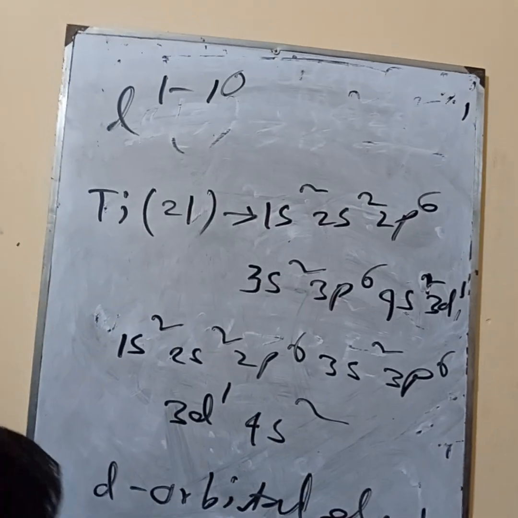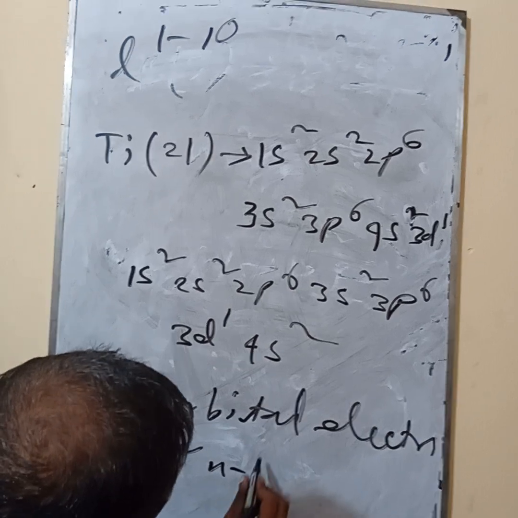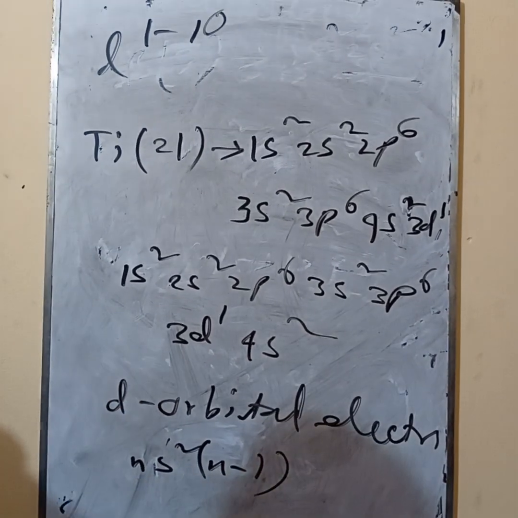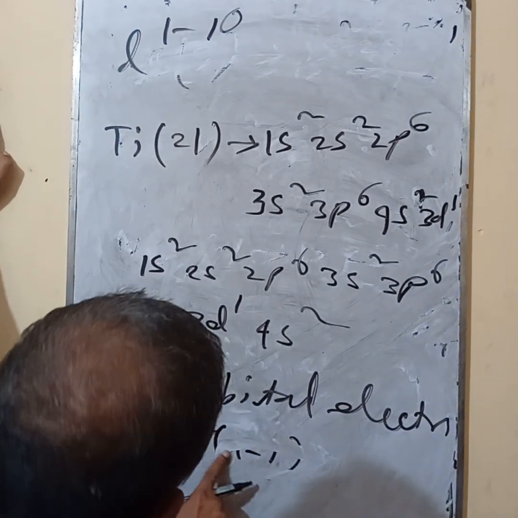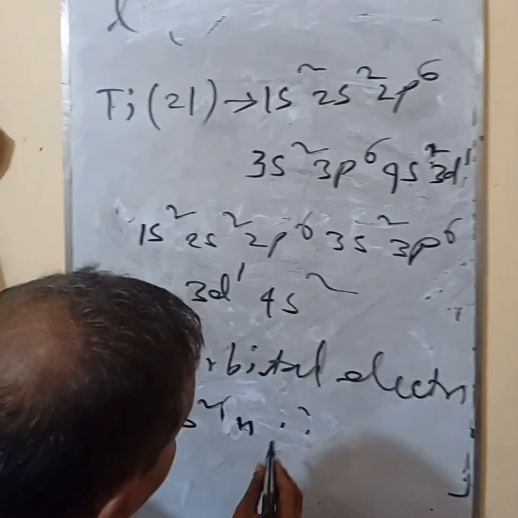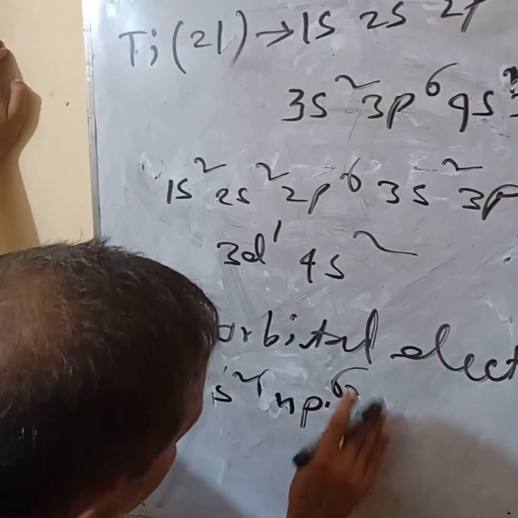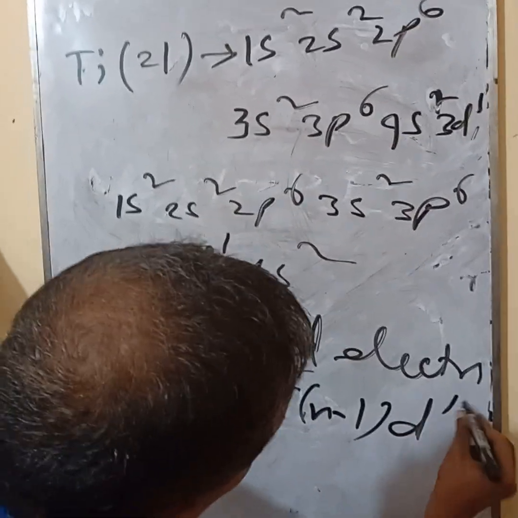ns2 (n-1)... ns2, ns2 np6, (n-1)d1 to 10.